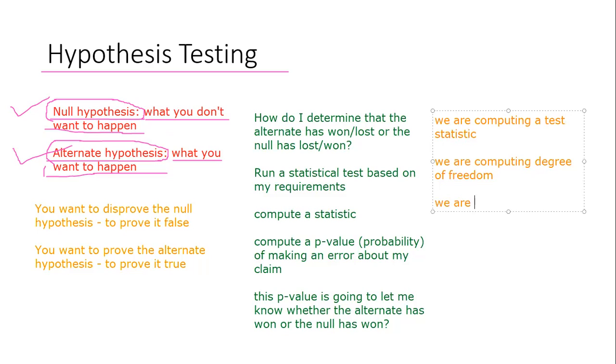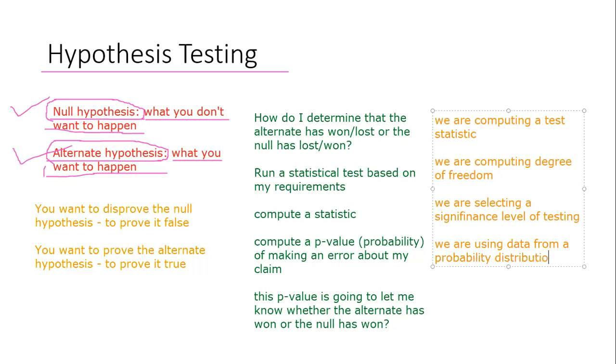We are selecting a significance level of testing, which is typically 5%, which I told you. And we are using data from a probability distribution table to determine whether the alternate is true or not. So these are basically four steps, and I cannot go into the details of these things because it is going to confuse all of you.